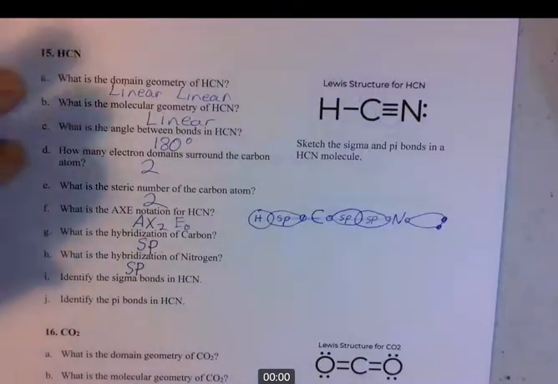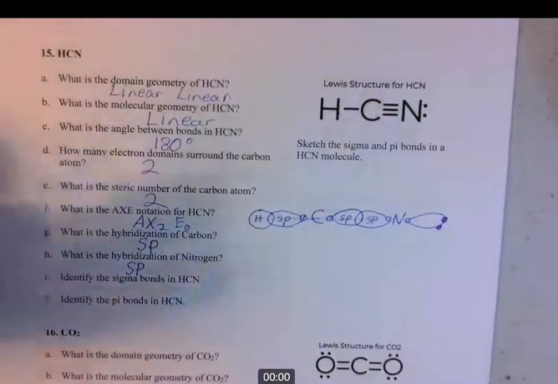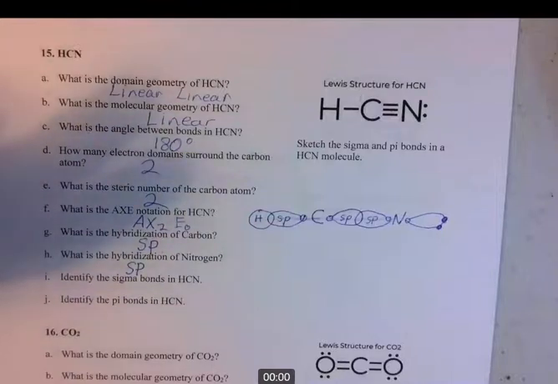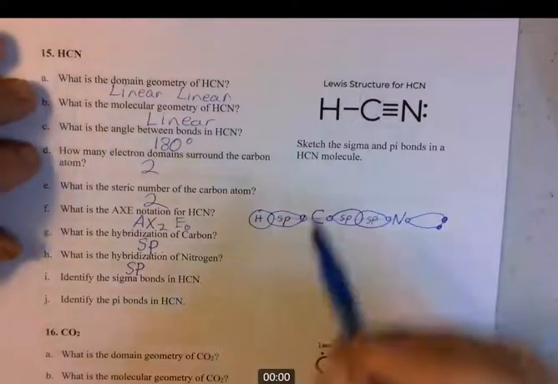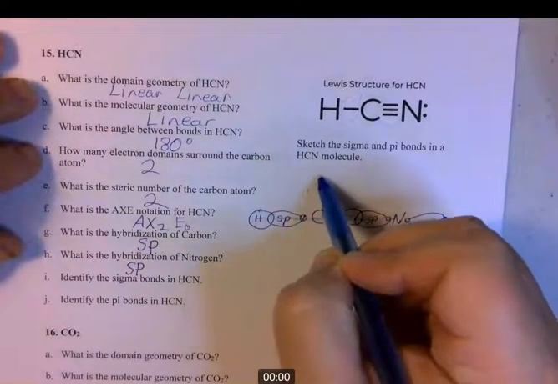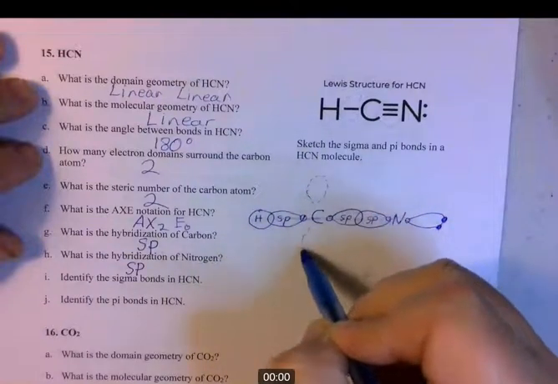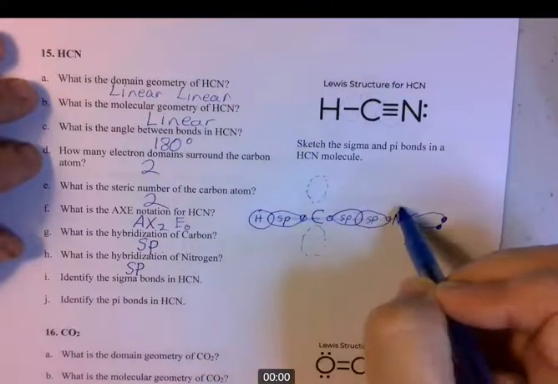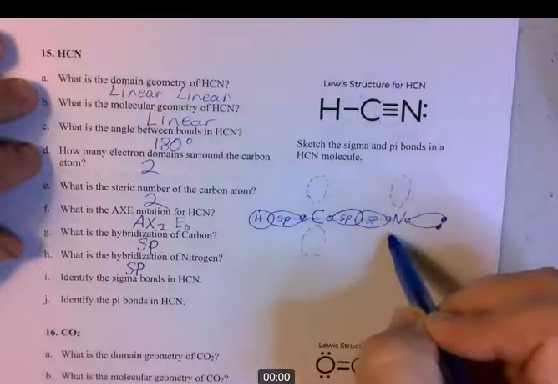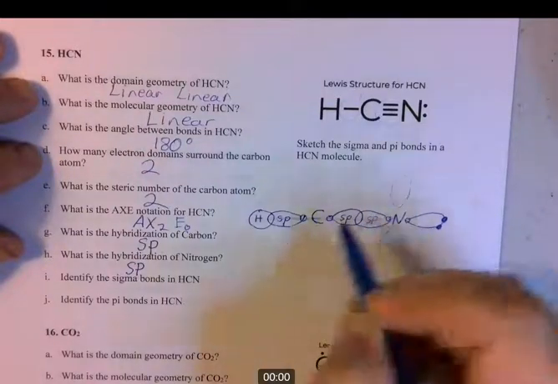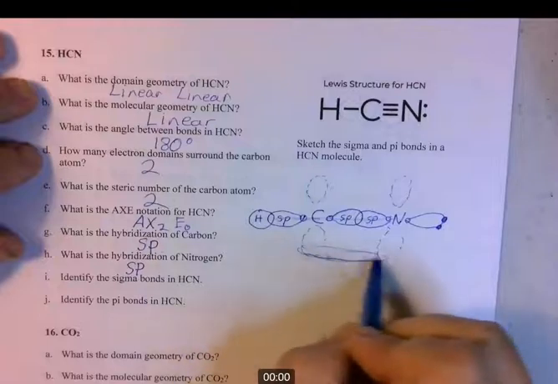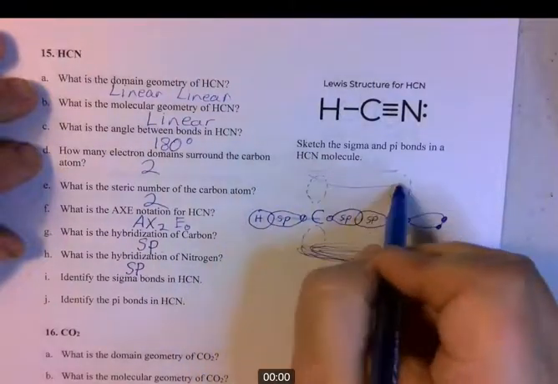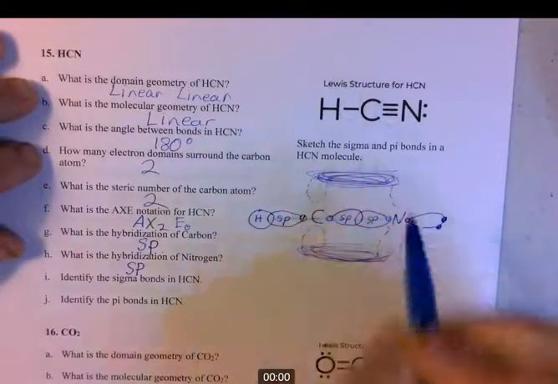Okay, now the fun part though. We see we have a triple bond, so that means you have to have 2 unhybridized p orbitals. So you've got one that's going up like this, one that's going down like that, and nitrogen has the same thing. And again, these form a p orbital like that on top and on bottom.